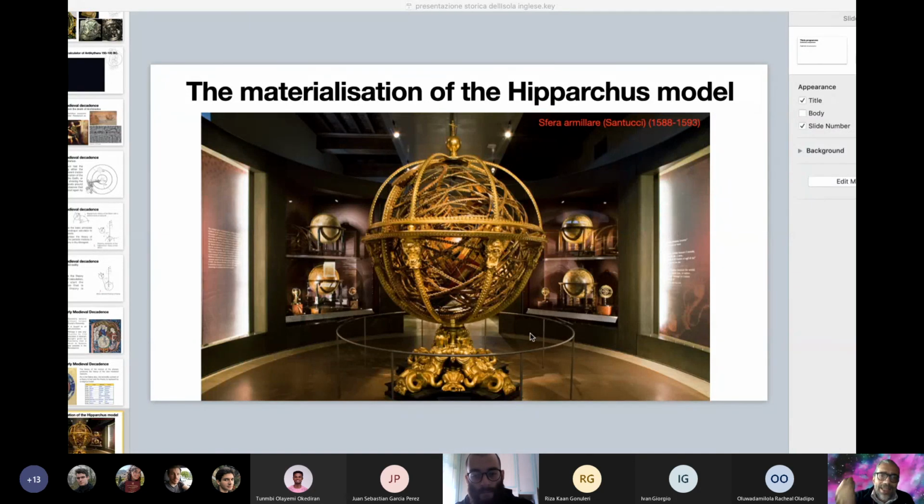So we get what we can call an extreme materialization of a mathematical model. They confused the analog computer used for predicting the motion of the planets with the physical reality.